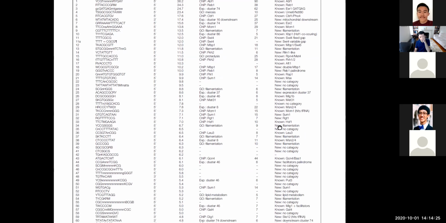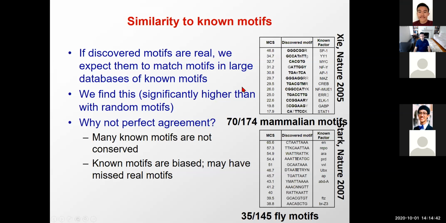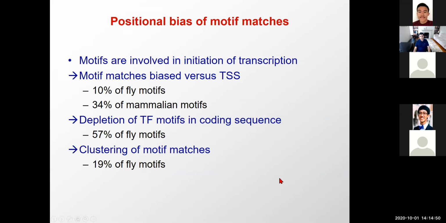So this is one way to interpret based on gene ontology enrichments, gene expression enrichment, and enrichment in particular chromatin immunoprecipitation experiments. Similarity to known motifs allowed us to infer these matches both in mammals and in flies, similar to what I showed you in yeast.